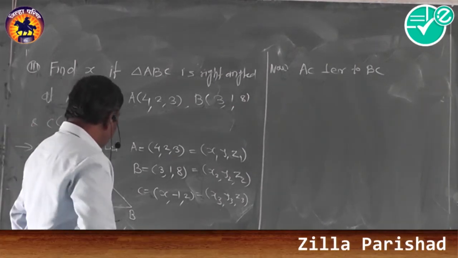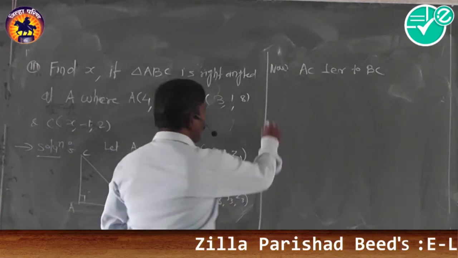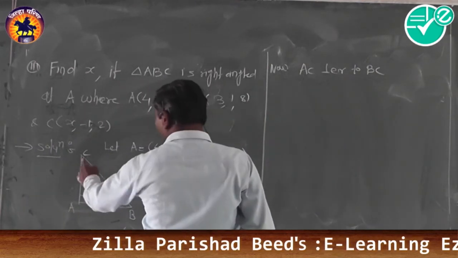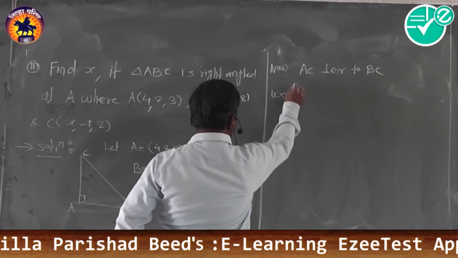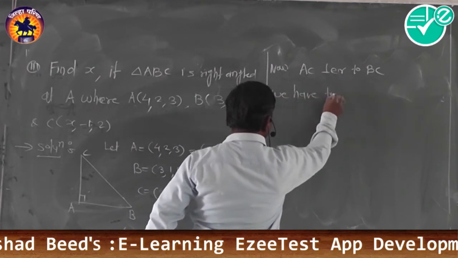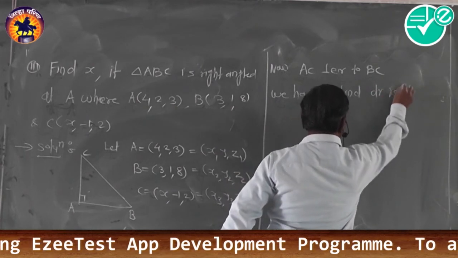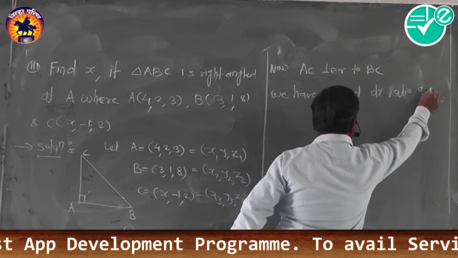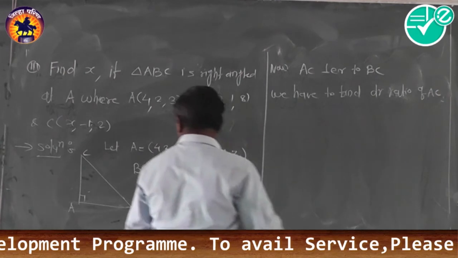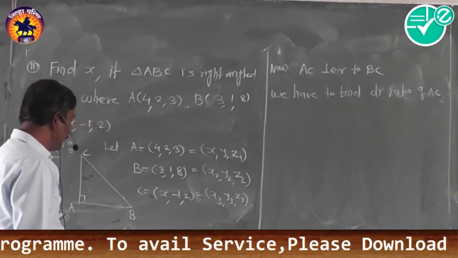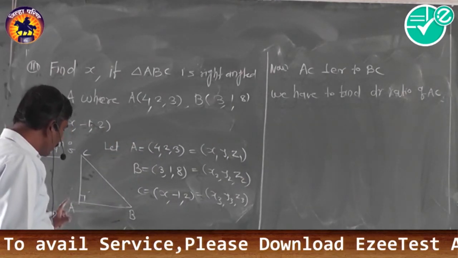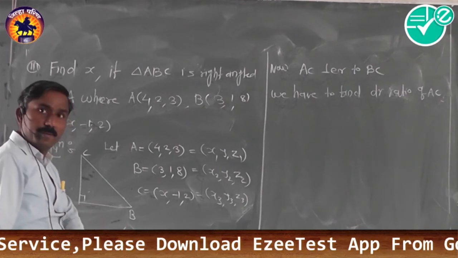Now, what happened? Therefore, first we have to find the direction ratios of AC, then the direction ratios of AB.